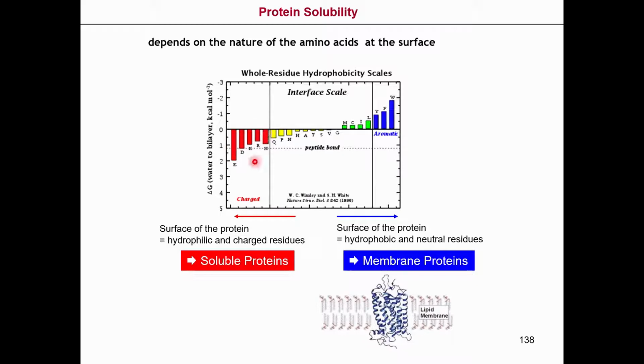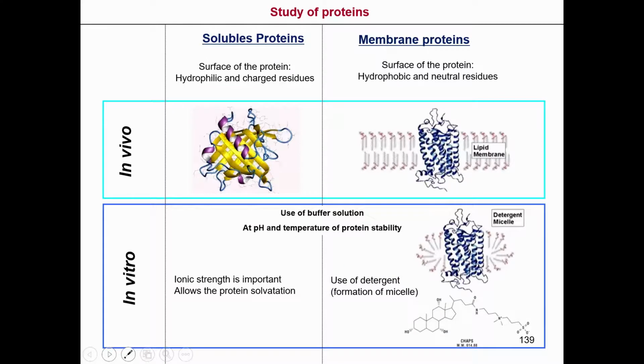If the surface of your protein has this kind of amino acid, so charged or polar, it will probably be a soluble protein. And when you have hydrophobic and apolar residues at the surface, the protein should probably be a membrane protein. Okay. So this is a summary.